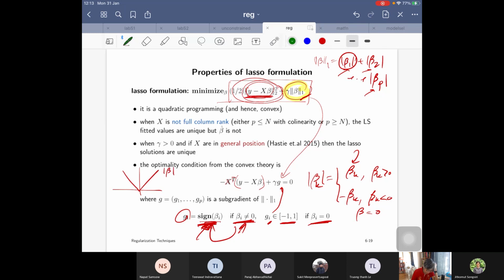On the right-hand side of 0, the slope is 1, so the gradient equals 1.